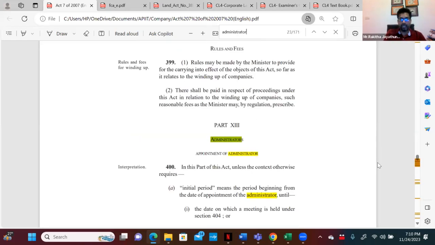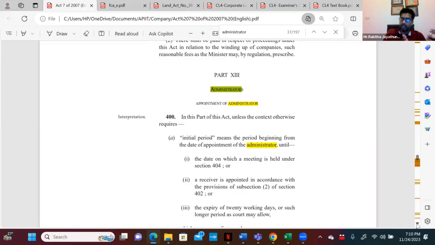Here, administrators. Appointment of administrator. Are you going to waste time? You should not waste your time explaining any of these things. The question is very clear. They have asked you to identify the powers and duties.